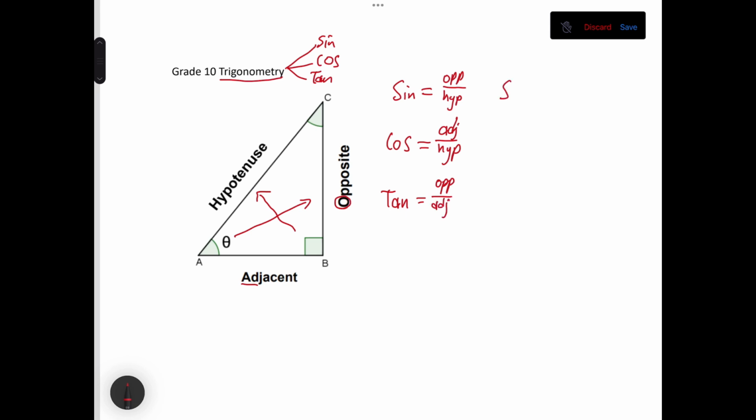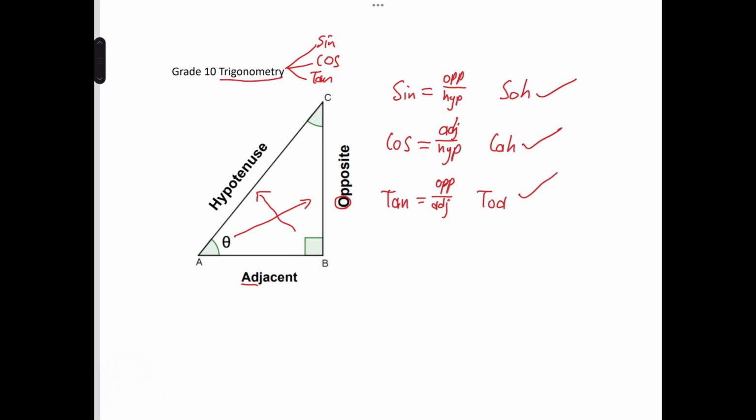A way to remember this is SOH CAH TOA. We can use these names to remember the ratios.